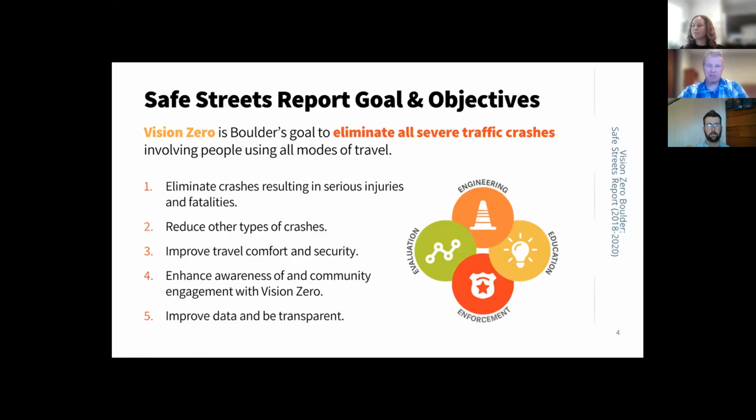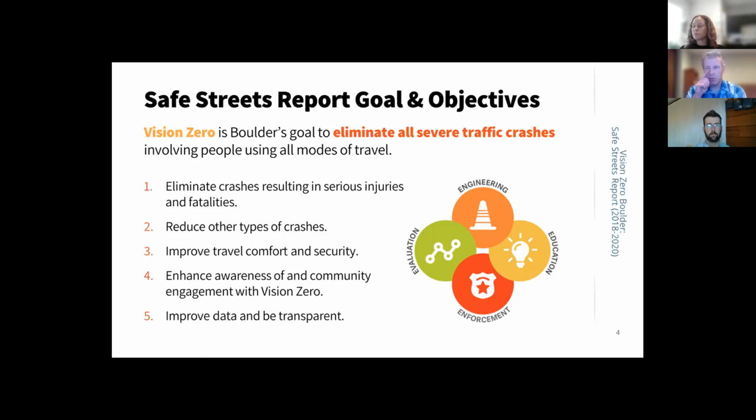So what is the Safe Streets report? Really, it's a quantitative summary of all the crash data that has been compiled within a 3-year period in the city. We look at the crash data to identify high-level trends and problem areas within the city. In this case, we are on the 4th edition of our report, and the 4th edition analyzes crash data for the period 2018 to 2020.